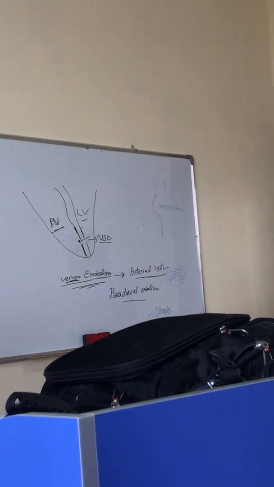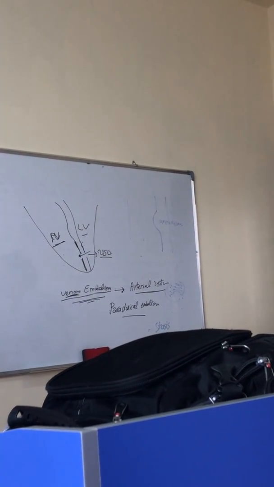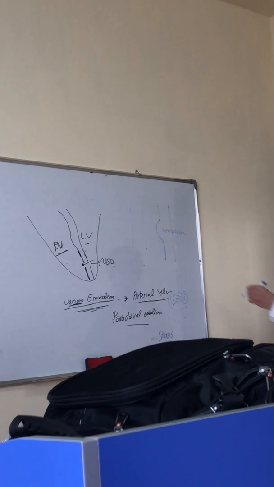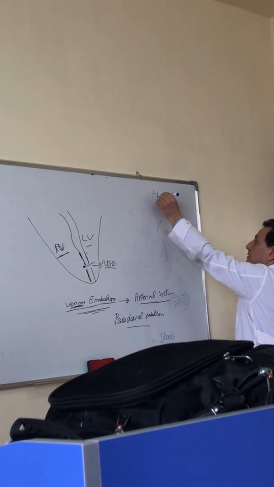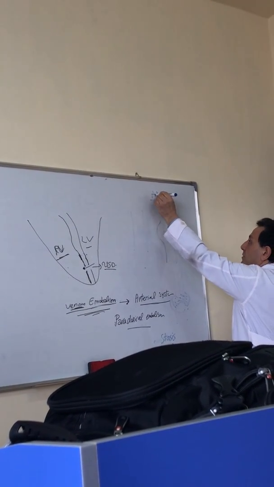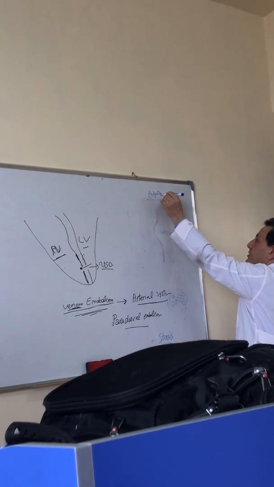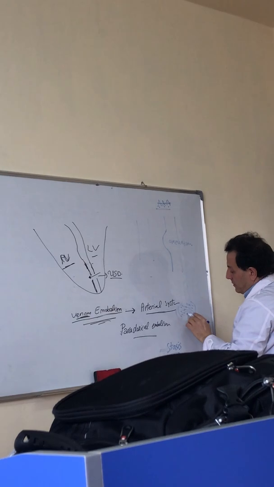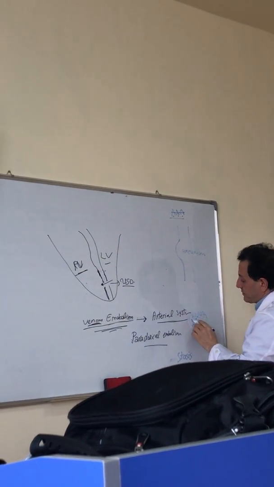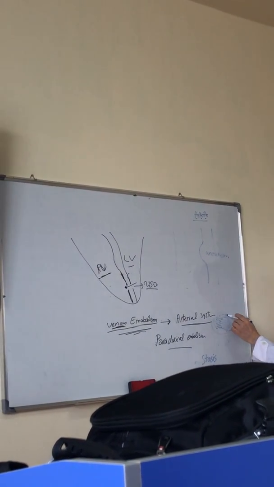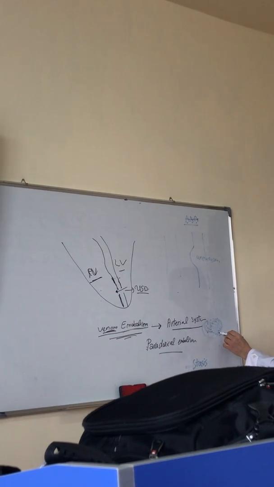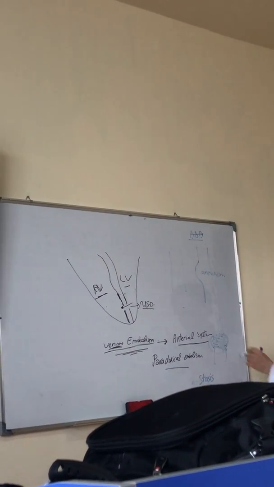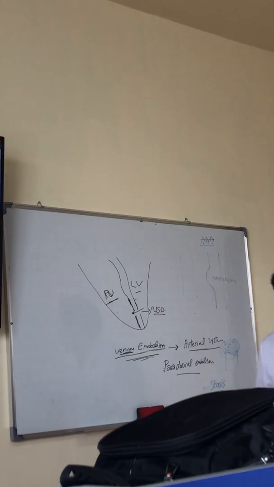It's common in the aorta, especially the abdominal aorta. Abdominal aortic aneurysm is abbreviated AAA. So in aneurysms, the thrombosis seen in dilations, most commonly in the aorta, has the risk of embolization.